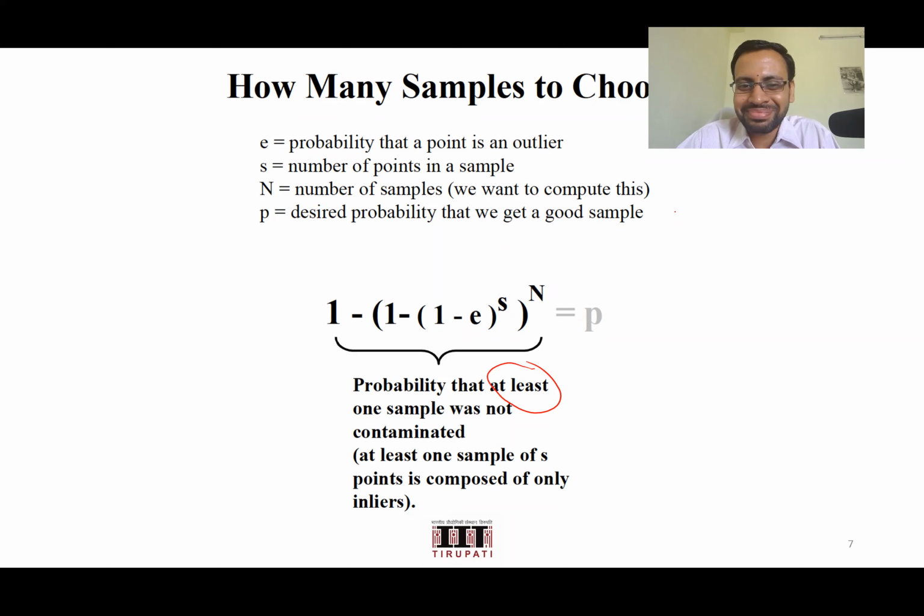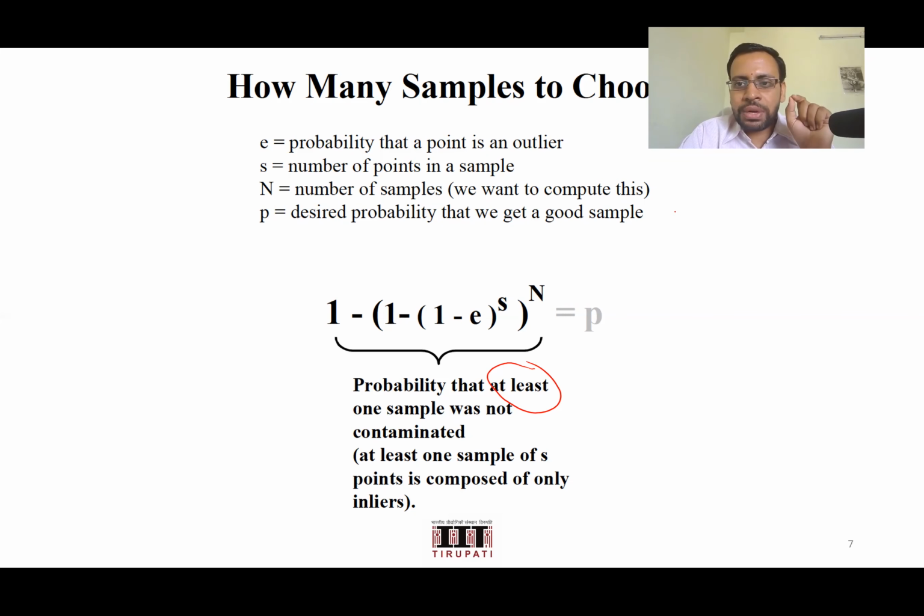Yes, to determine the optimal values of S and N for a given P. What is S here? S is fixed here. Suppose you are fitting a line, then S equals 2. If you are going to compute an affine transform between two images, then your S is, say, 6.